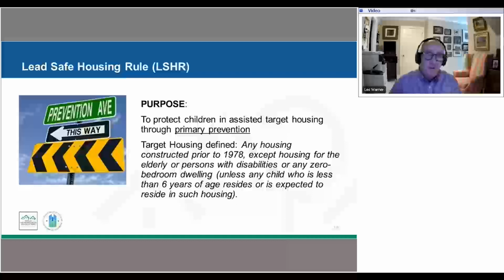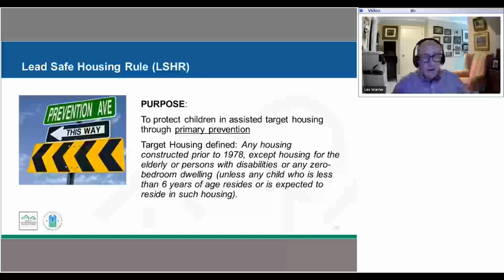So when we talk about expected to reside, that would be really two different things. One, we have someone that has signed a lease, and so they haven't moved in yet, but they are expected to reside because we have a commitment for that unit to that household.